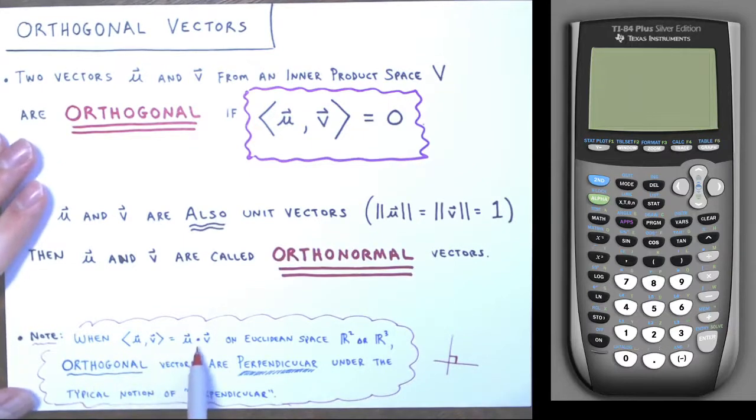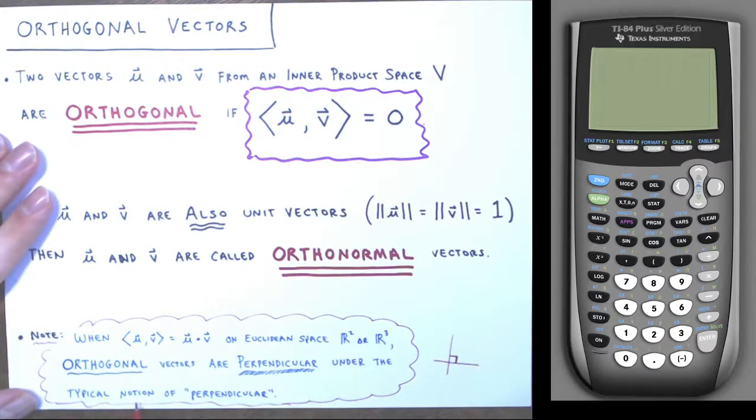When the inner product is the dot product on R2 or R3, vectors that are orthogonal will also be perpendicular under the typical notion, that they form a 90-degree angle at their intersection, or if you were to draw them with the same initial point, they'd form a 90-degree angle.